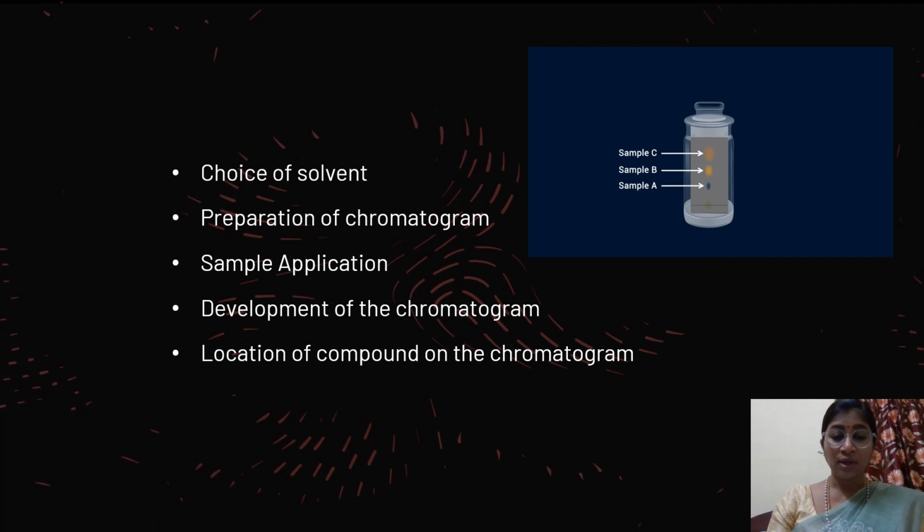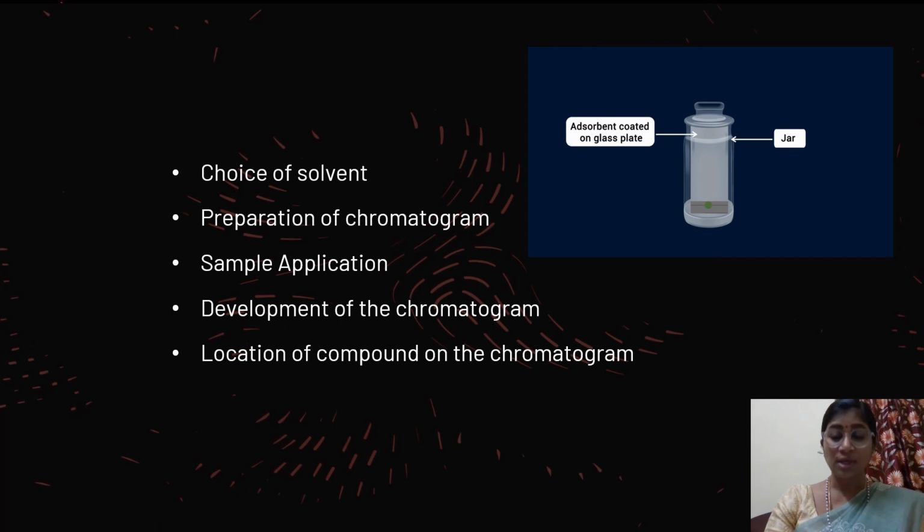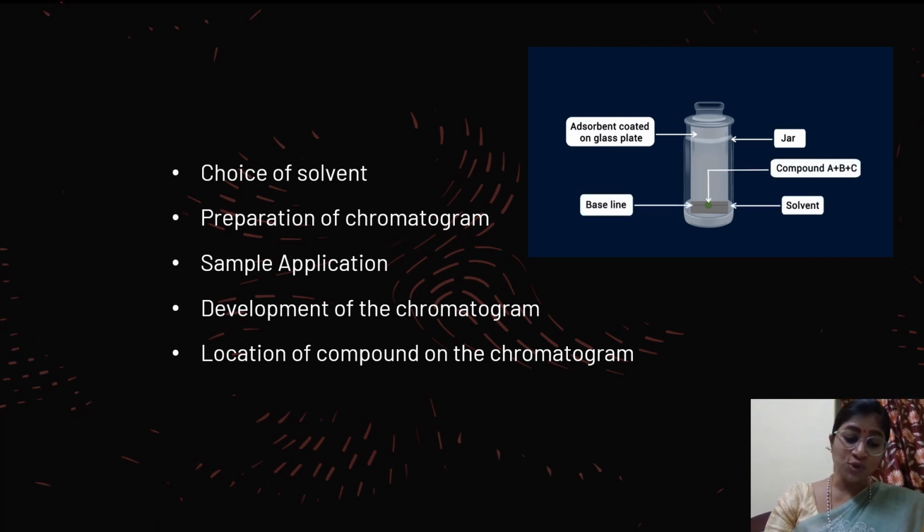Then next one, preparation of chromatogram, which we call a chromatoplate. Square or rectangular glass plates with sizes ranging from 2.5 by 20 centimeters to 20 by 20 centimeters are used as adsorbent supports in TLC. Plastic and metal foils can also be used instead of glass plates.